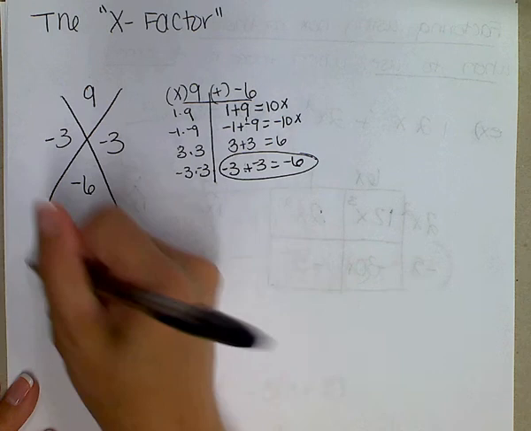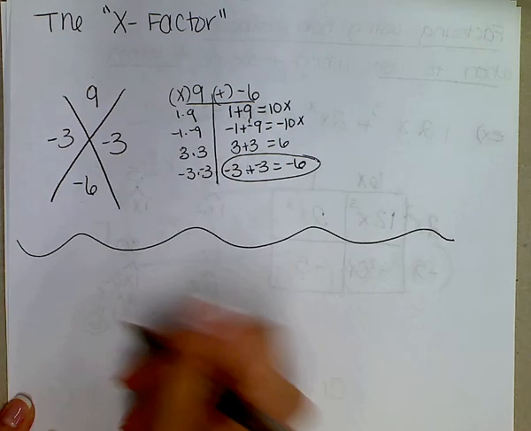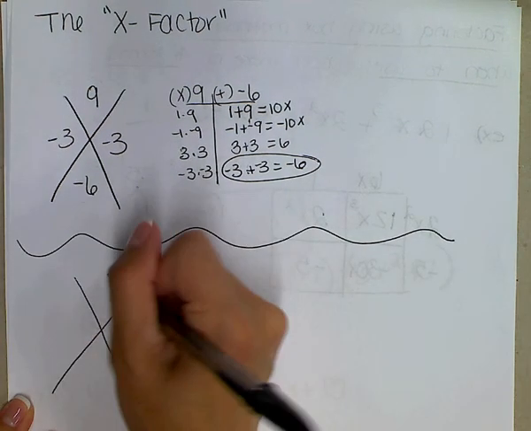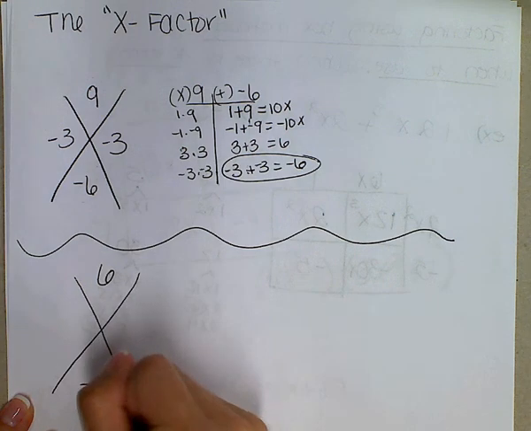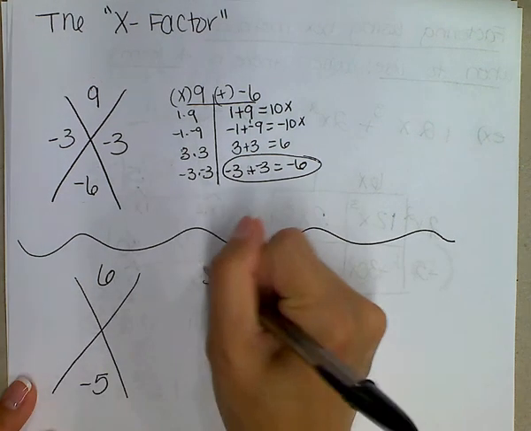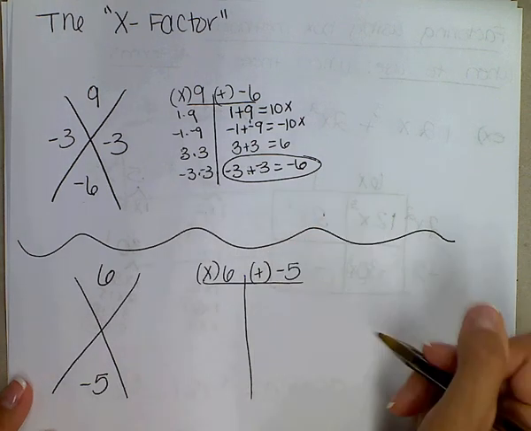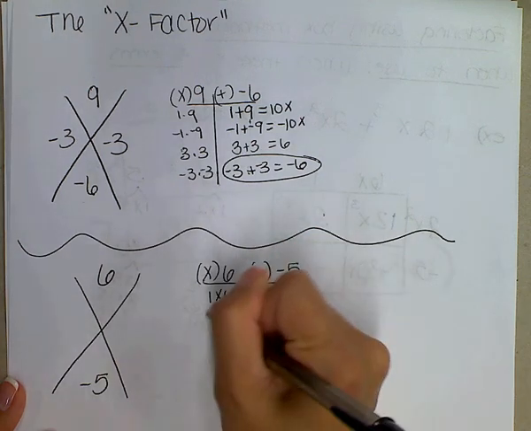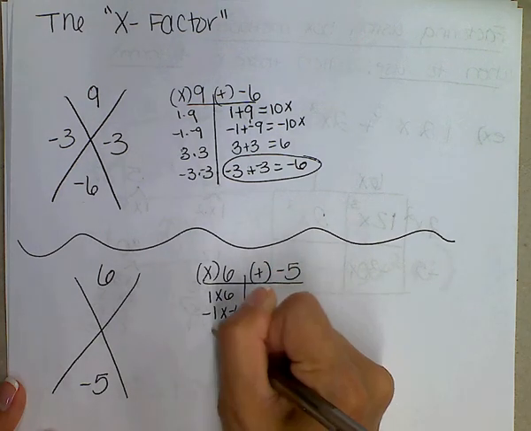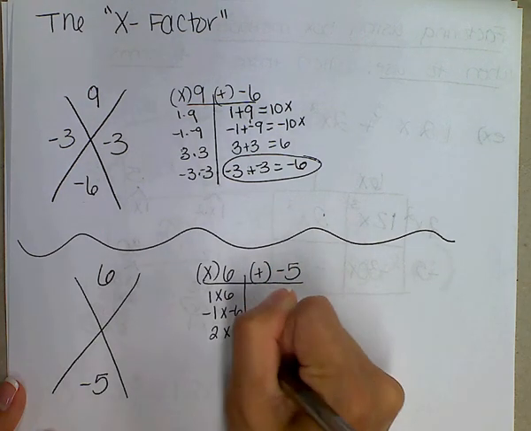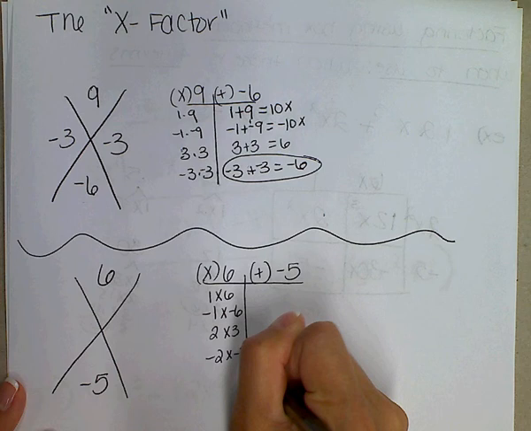Okay? So, I would show another example. 6 and -5. So again, let's make all of our possibilities for positive 6. I have 1 times 6, -1 times -6, 2 times 3, and -2 times -3.